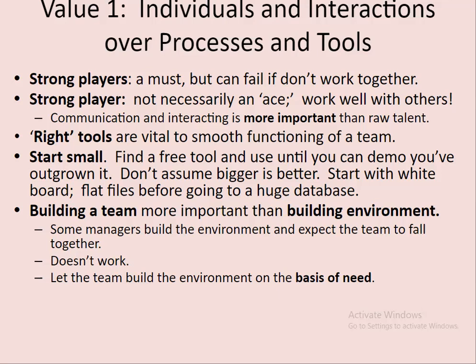Strong players are a must, but the team can fail if they won't work together, right? A strong player does not necessarily work well with others. Communication and interacting is more important than raw talent. If you are not able to work in the team, it is useless, right?